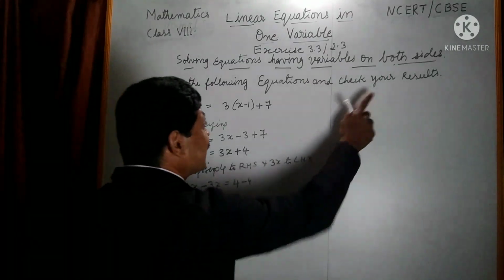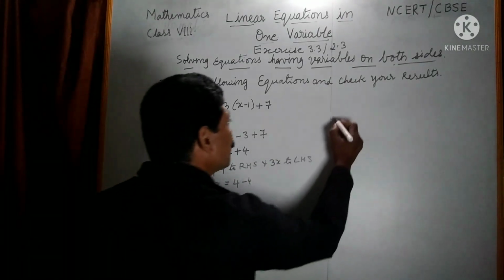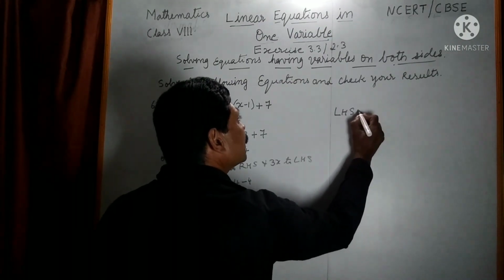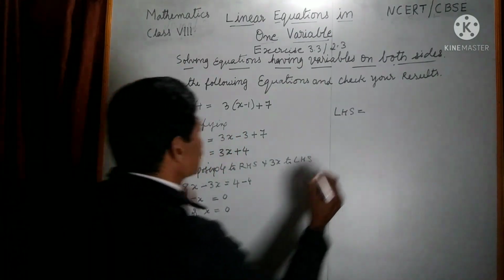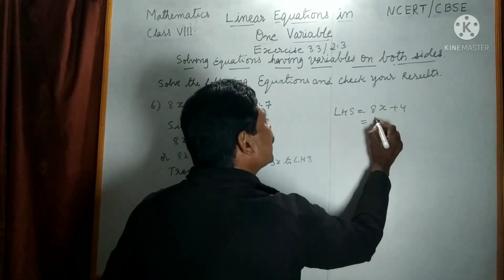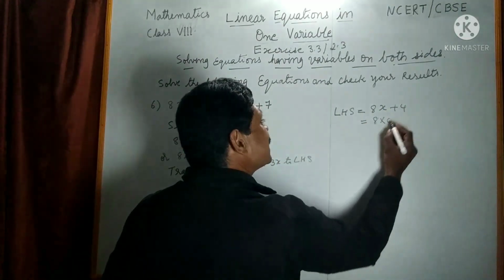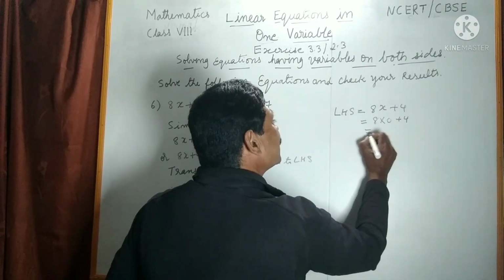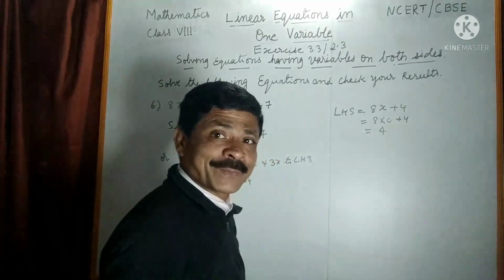Let us check the result. LHS is equal to 8x plus 4 is equal to 8 into value x is 0 plus 4 is equal to 4.